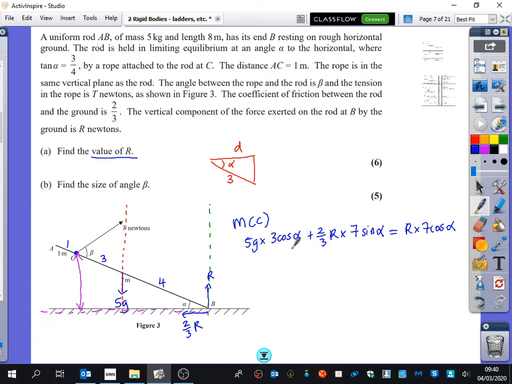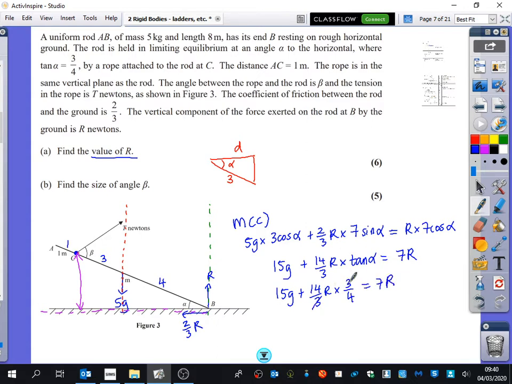So here we've got 15g, and I've divided by cos as well. And then here I've got 14 over 3 r multiplied by tan alpha because I've divided by cos, and then I've got 7r over here. Tan alpha is 3 over 4, so I've got 15g plus 14 over 3r times 3 over 4 equals 7r.